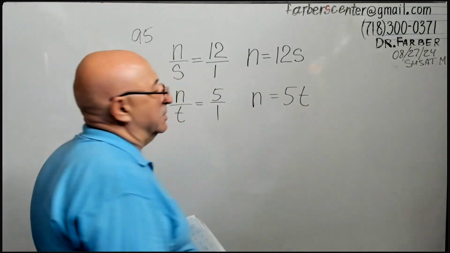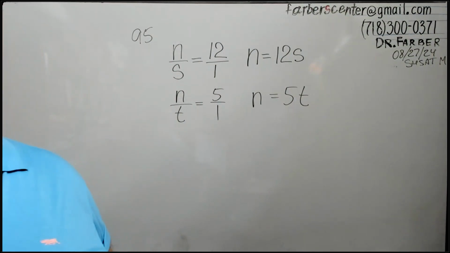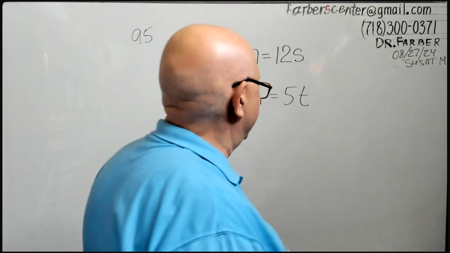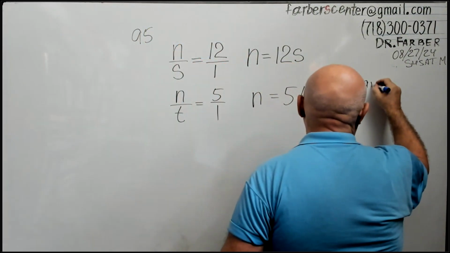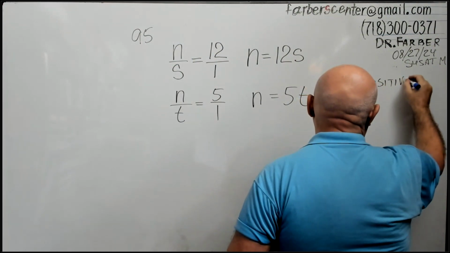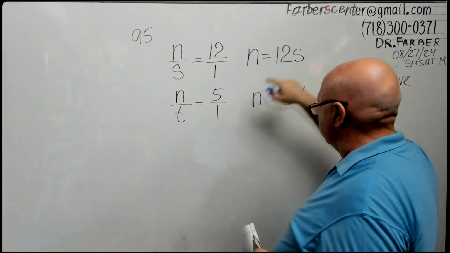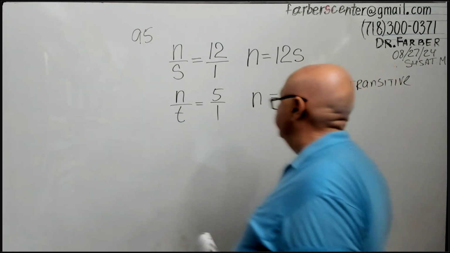Up to this point, I just did what we have here and used cross multiplication, nothing else. But we studied the beautiful transitive property. Transitive, I just remind you: if this equals this and this equals the same, they equal each other, right?